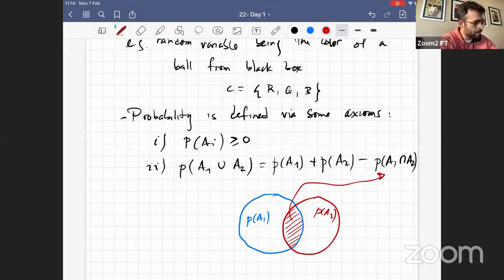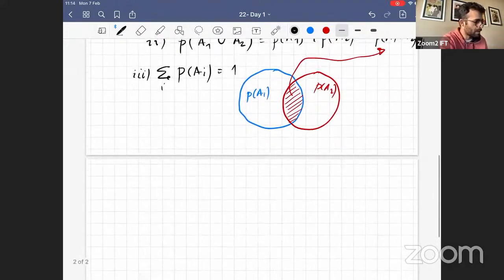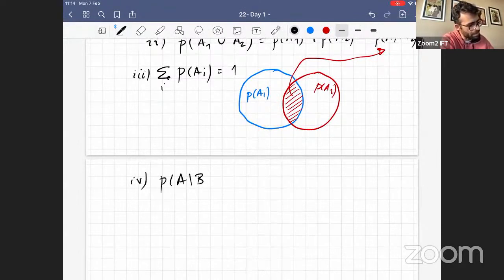And the third basic axiom is the fact that the sum of all probabilities should be 1. Okay. However, you have other useful properties. You have the probability of A given B. What is that?